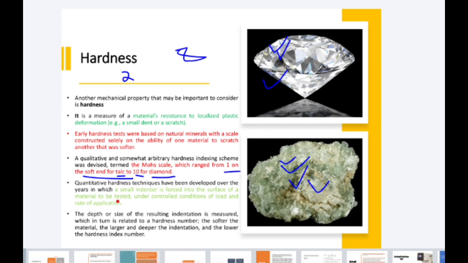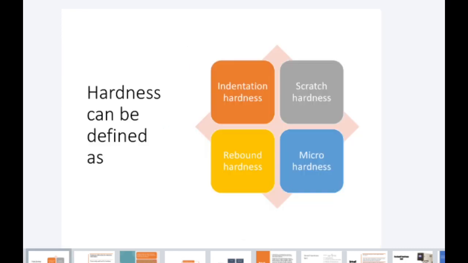From the hardness number, we can see whether the material is hard or soft. So now we are doing this quantitative testing. Previously, quantitative tests were not available, so there was a scale from 1 to 10. Clear? This is the hardness.